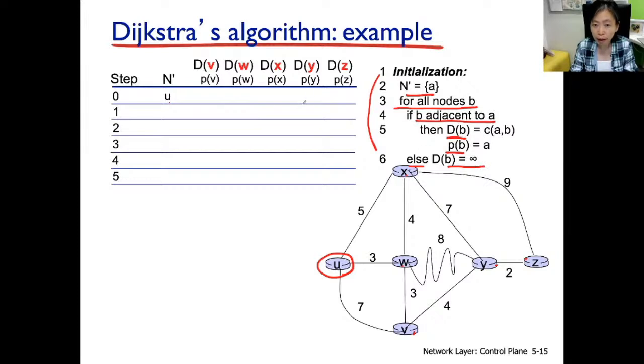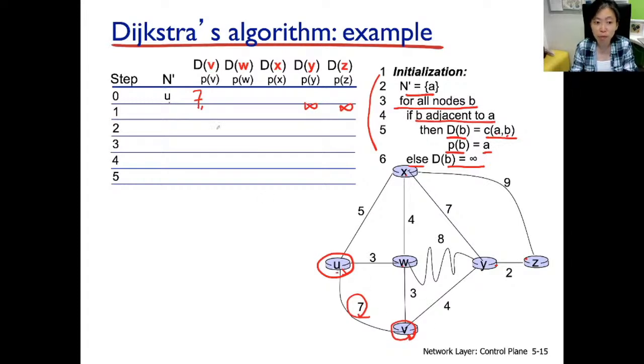So for y and z, this should be infinite. And for v, w, x: the distance to v should be what? The link cost between the source and v. Between u and v, the link cost is 7, so 7 should appear here. The predecessor is definitely going to be u, because we just added u to the N prime set, and we're reaching v through a direct link.